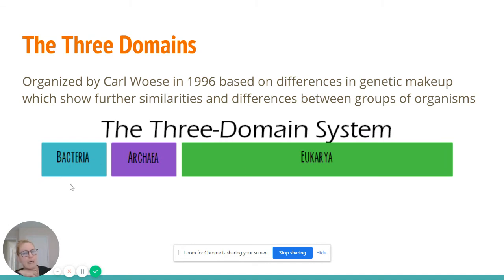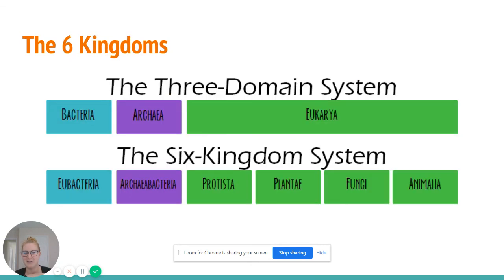And then over here, bacteria and archaea are considered prokaryotic groups. The reason they're split into two is that over time we've realized these two groups are very different from each other, so we've created a whole domain for each of them. A little bit more about that afterward when we get to bacteria and archaea.